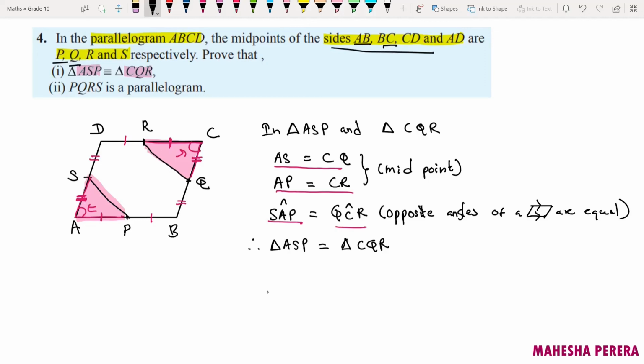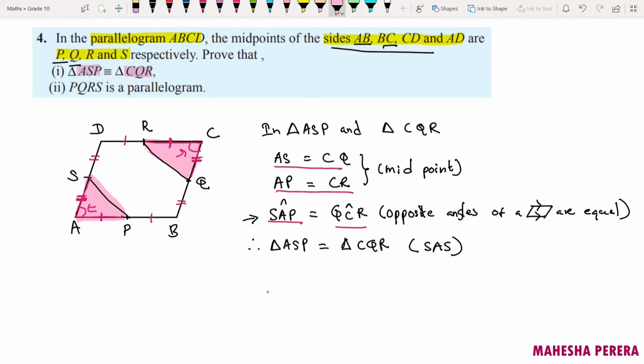Now, you have two pairs of sides, one pair of angles, and this angle is the included angle. So we can say that, therefore, these two triangles are congruent under the case side, angle, side.